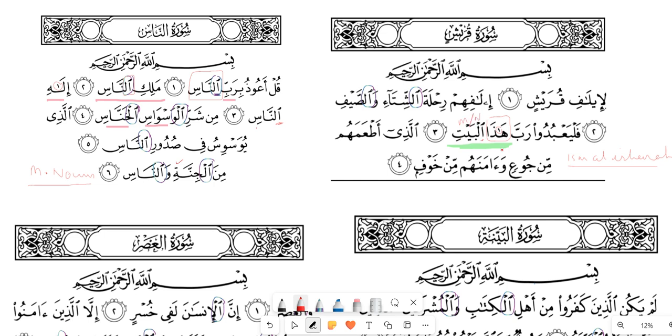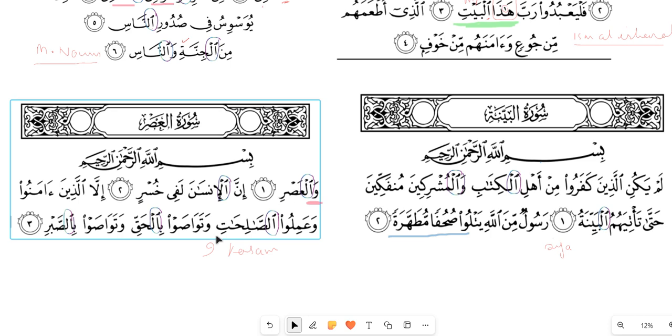Then in other surahs, I have given other surahs also. Here in this surah you can see wal asr. Now this is an example of the waw al qasm. This is how you see waw al qasm. If there is a waw and it comes at the start, wal asr.